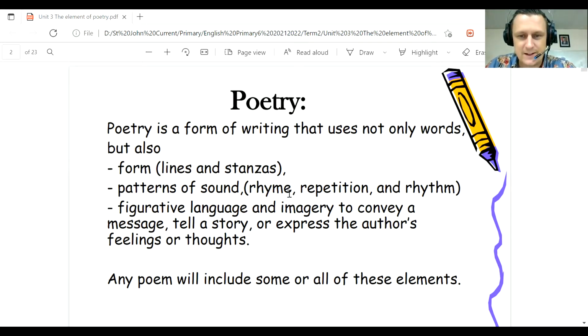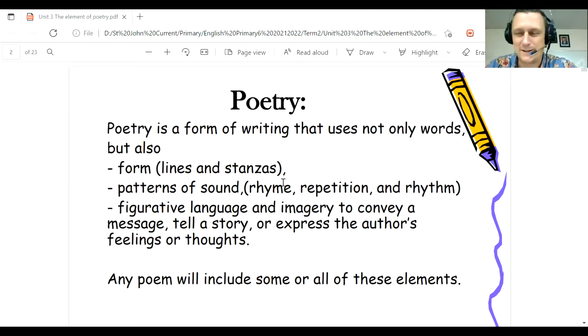Okay, and the language that is used, be it figurative and imagery or not, is supposed to tell a message or a story or feelings of the author. Or maybe you feel something in the poem that the author didn't even think of. It's also possible. Or thoughts, just some idea that you're struggling with, like logarithmic functions.